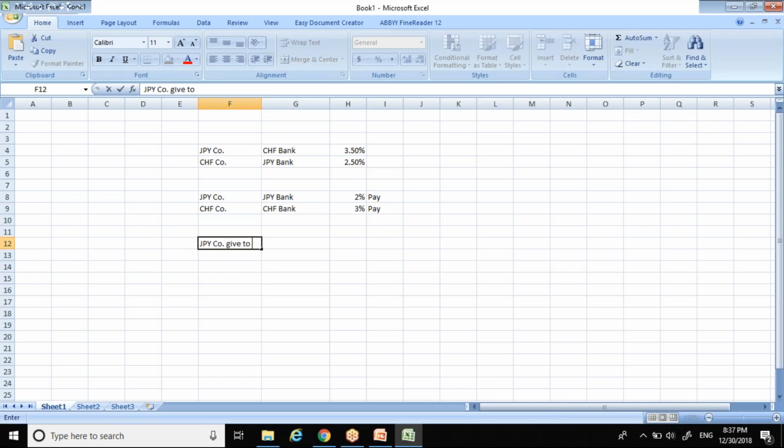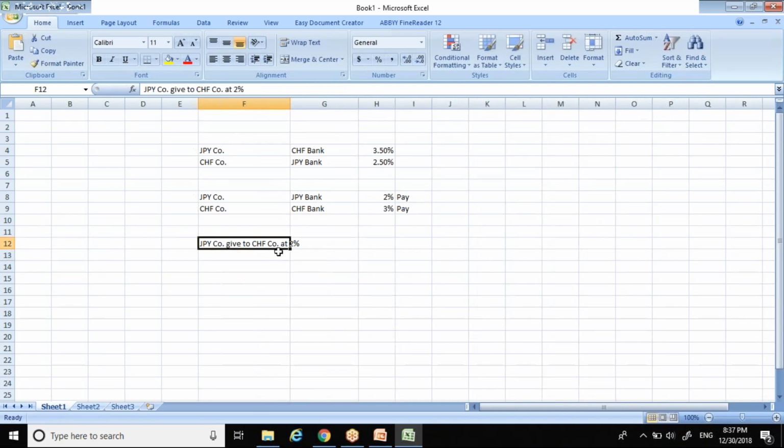The JPY company gives it to the CHF company at the rate at which the JPY company has taken the loan, so at 2%. So what happens is, the CHF company is going to receive the amount from the JPY company.